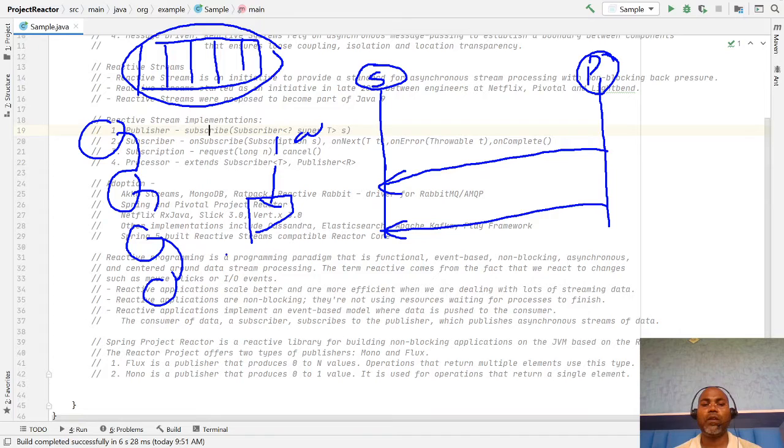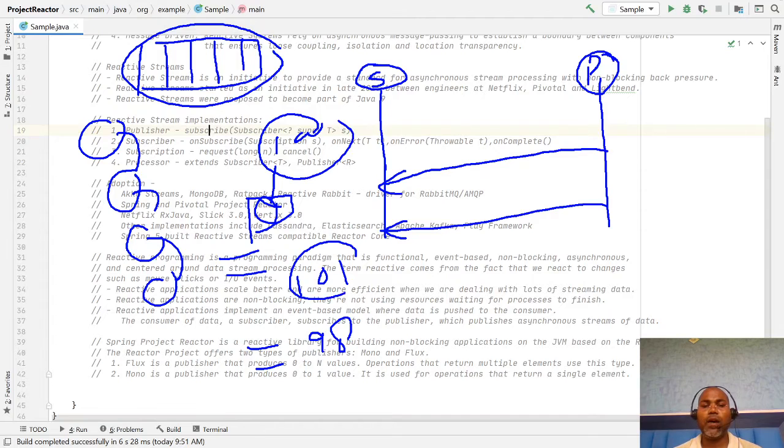After 1 or 2 seconds, the stock price would be 101. After some time, maybe the price would be 98. So on a time basis, data is emitted, data is produced. That is known as a stream of data, a live stream of data.